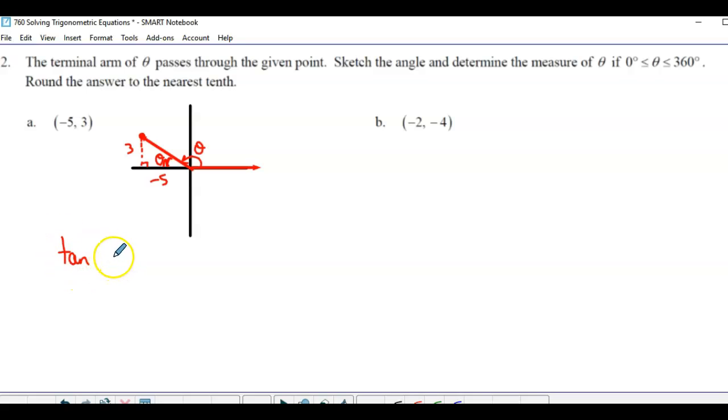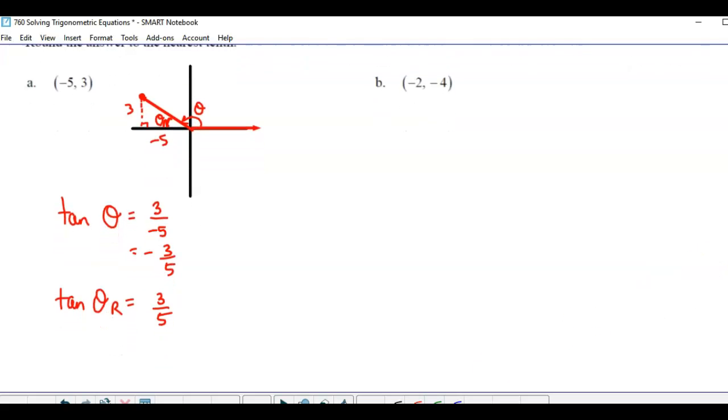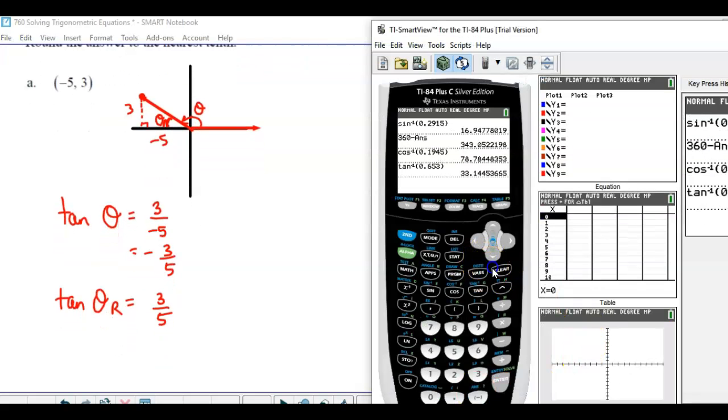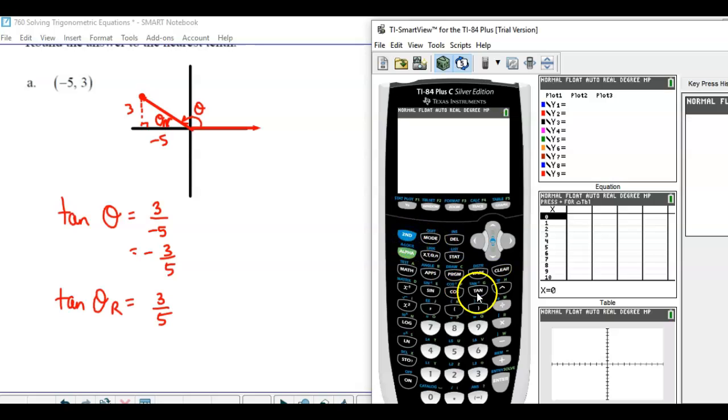So tan of theta is equal to 3 over -5, okay, which is equal to -3/5. But let's do the reference angle. So tan of theta reference equals +3 over 5. Okay, so then in our calculator, we're going to go second tan +3 divided by 5.